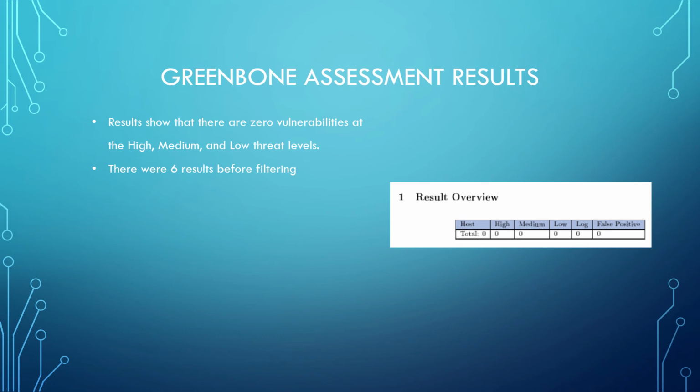And of course, low is going to be the lowest threat level. So it's not necessarily the most attention-grabbing security issue, but it is also something that would need to be addressed in the short term, depending on the vulnerability.